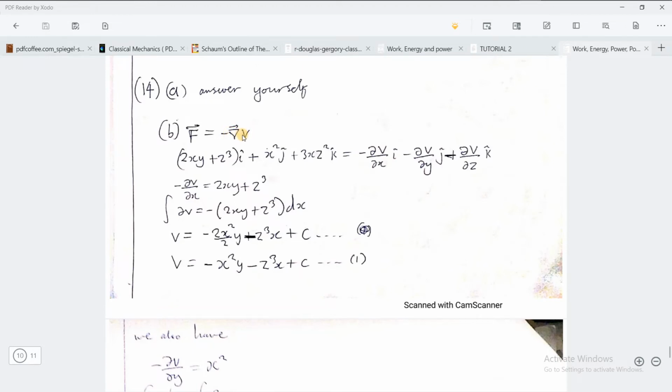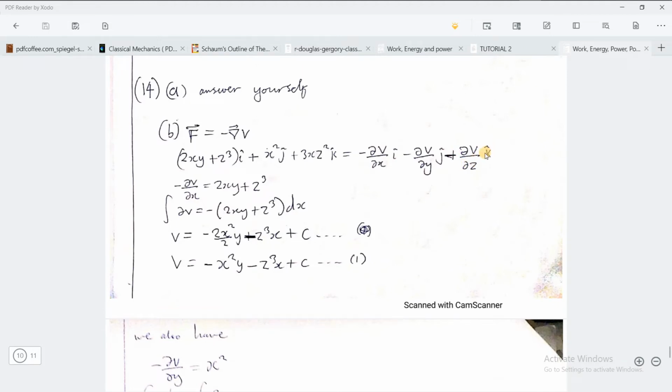This potential V can multiply throughout this operator del, and when you do, you get this kind of operation. Remember there's a negative there: minus partial V over partial x i, minus partial V over partial y j, and minus partial V over partial z k.